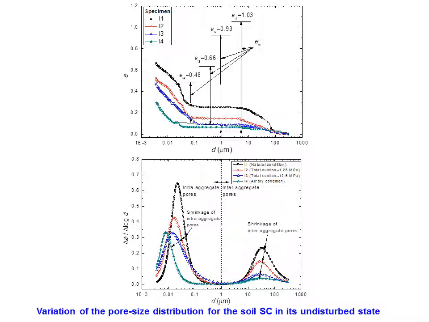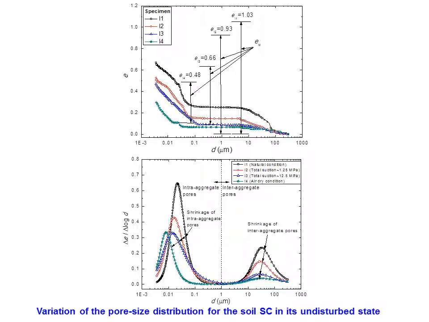I2 and I3 represent the intermediate stage of the sample during drying. This figure shows the cumulative pore size distribution, volume of the pores expressed in terms of void ratio versus the diameter of the pores, and this curve represents the incremental pore size distribution expressed in terms of change in void ratio.